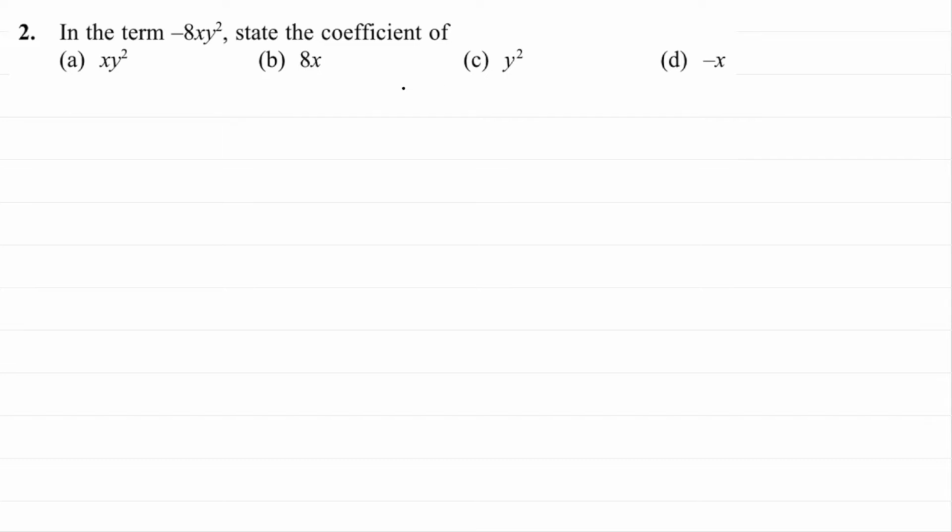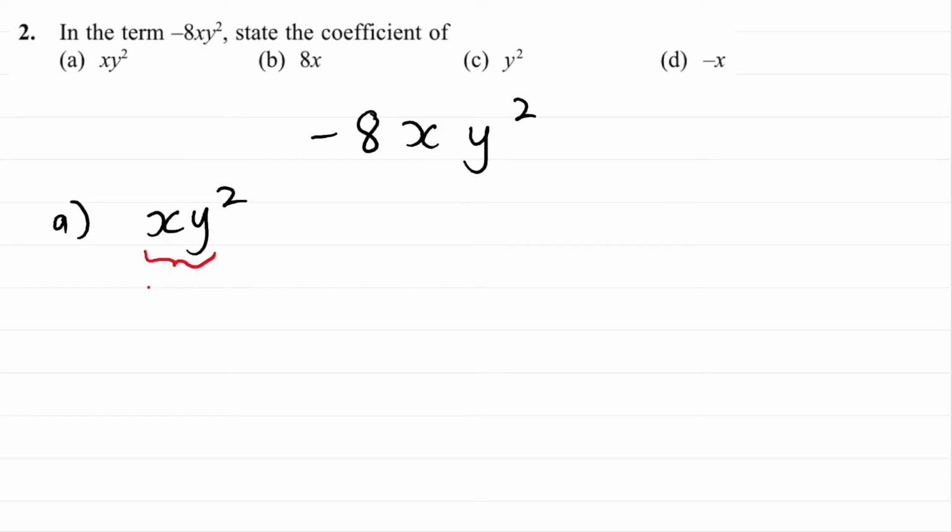Now, apakah itu koefisien? Okay, kalau cikgu ada negatif 8XY square. Okay, kalau dibagi, XY square tu sebagai dia punya term. So, ini kita panggil dia sebagai variable dia. So, kalau kita tengok dekat sini, dekat mana XY square tu?